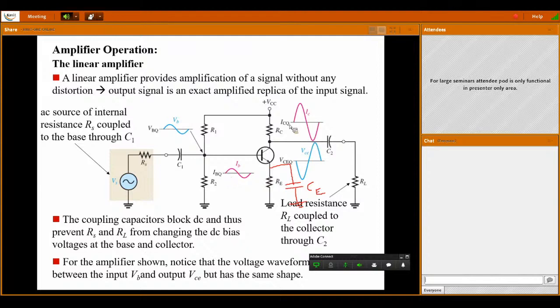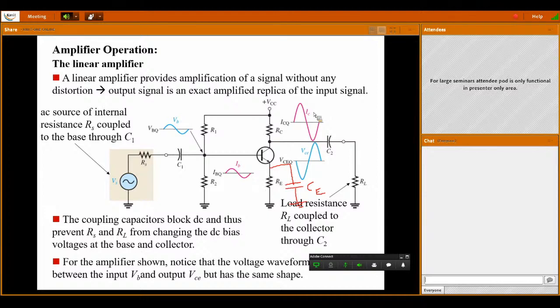Now the collector current has a quiescent value due to VCC, and this is the amplified output. So we have amplification. This weak signal is amplified due to the connections of R1, R2, RC as well as RE. The strength of the collector current is increasing, but they are in phase.